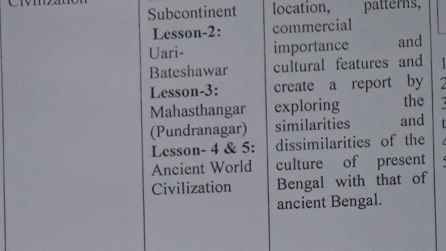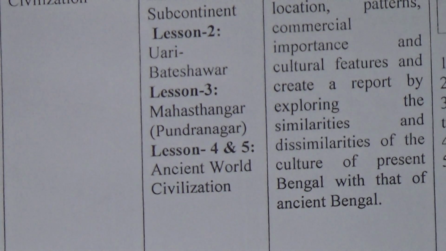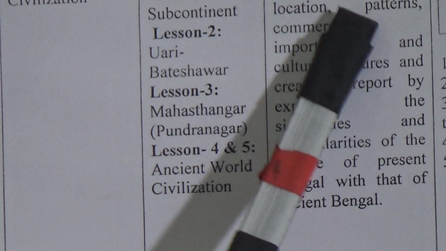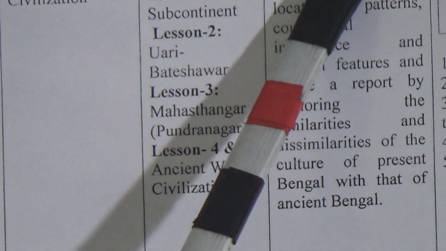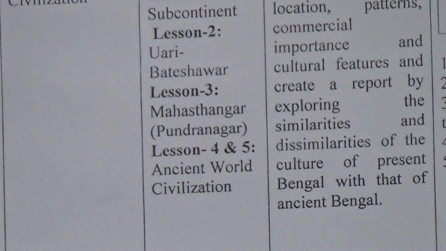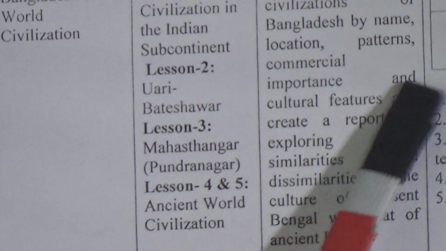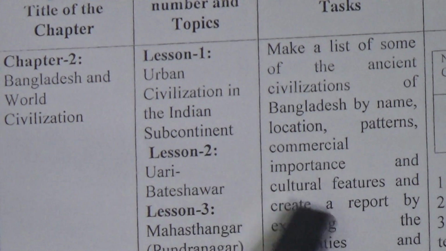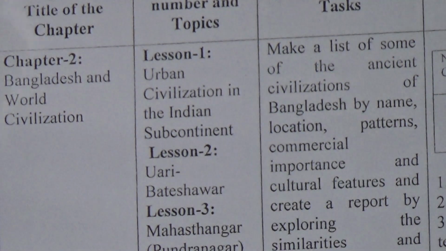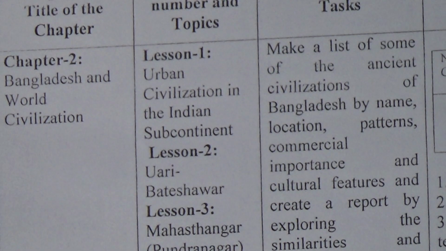That means, dear students, you have to do two tasks. One is you have to show the civilization of ancient Bangladesh by its name, location, pattern, commercial importance and cultural features. And number 2 is you have to make a report.